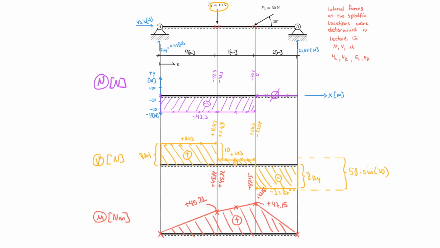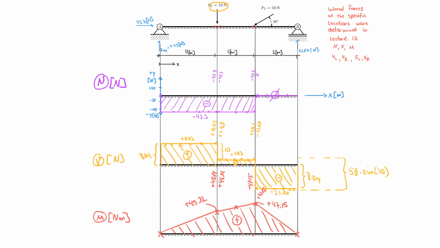Now let's take a look at the next easier part, which is this one here. And you can see that the slope here is minus 23.57. Minus means it goes down, diagonally downwards, if you will, from left to right. And that happens over 2 meters. So 47.15 divided by 2 with a negative slope is actually negative 23.57.